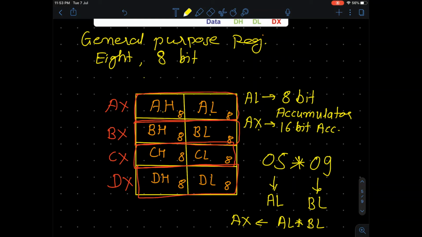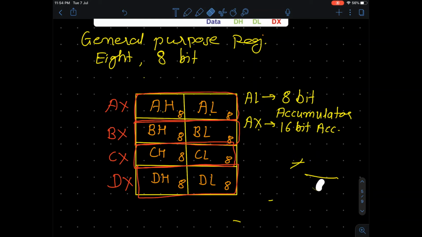For example, when we perform the multiplication of two numbers, one number must be in the AL register and the second number in BL or any other register. There is no condition for the second operand, and the result is stored in the AX register. This is just one example. We'll discuss this more while studying the instructions of 8086.